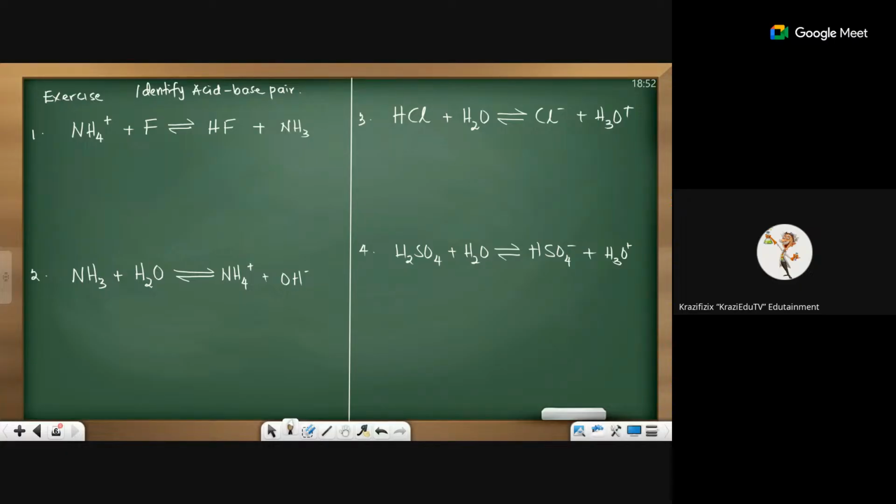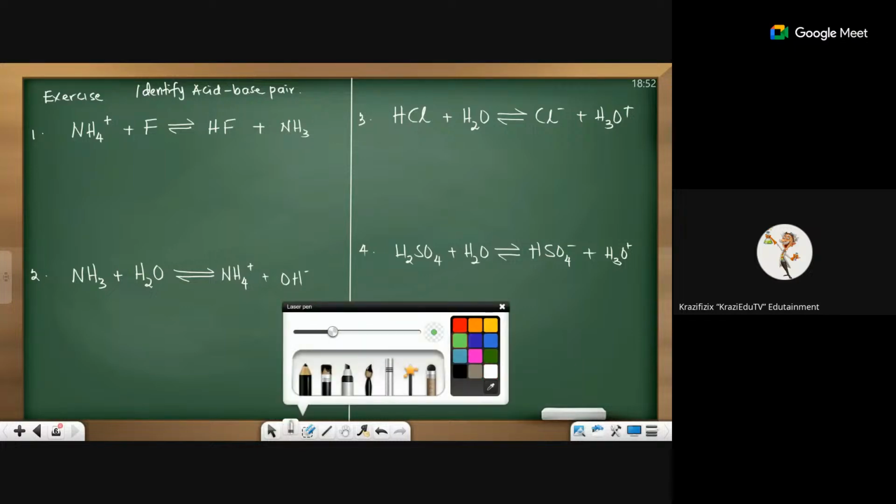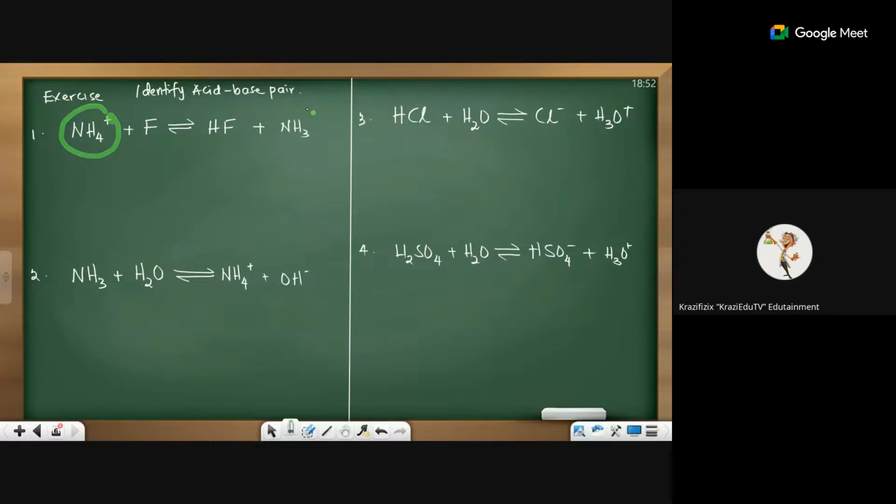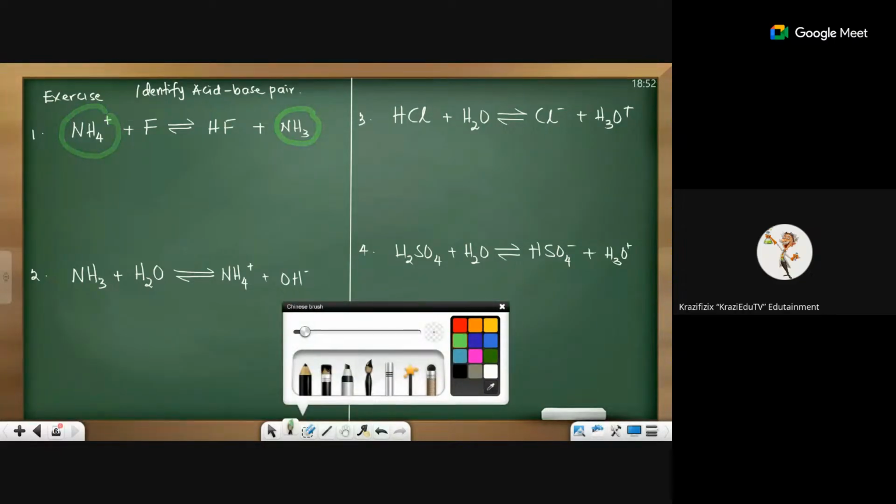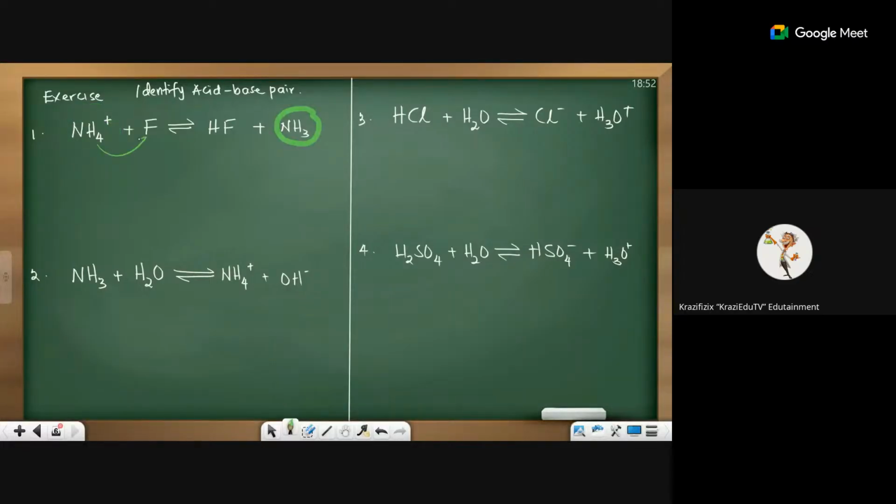Okay, guys, quickly, very fast here. What do you notice? Just observe. NH4 plus, compare it here. Oh, it has lost. Once I notice that that has lost, basically that's what's happening. So this is going to be my acid, and whatever it becomes is the base. Now, the F accepts it, becomes a base, proton acceptor, but it must become what?